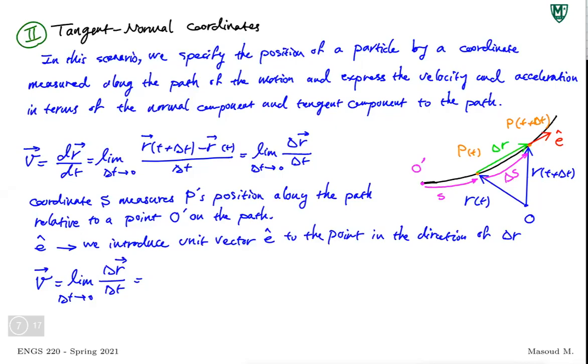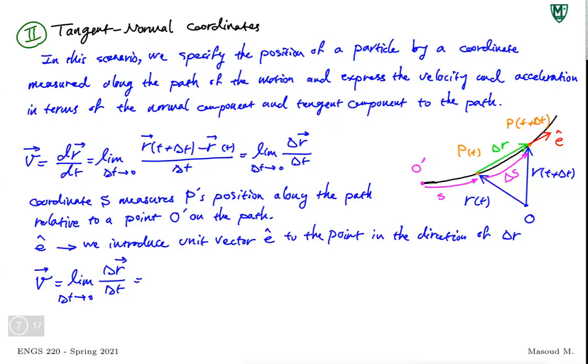Now, as delta T goes to 0, delta R and delta S, look at the representation on the right. The green arrow and the pink arrow. Green arrow is a straight line from the moment T to moment T plus delta T. The pink delta S vector is along the path.